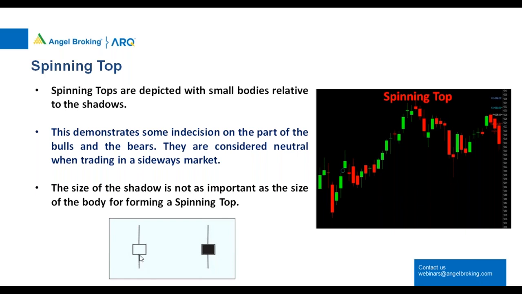This demonstrates some indecision on the part of the bulls and the bears. So they are considered neutral when trading in a sideways market. Here the stock has rallied all the way from here, and here we have a spinning top.